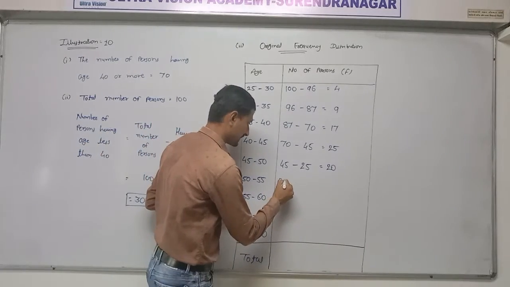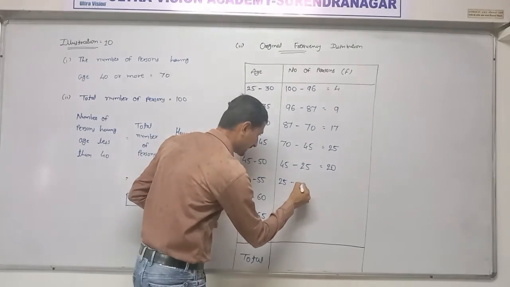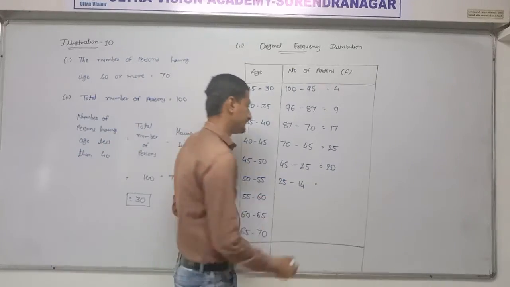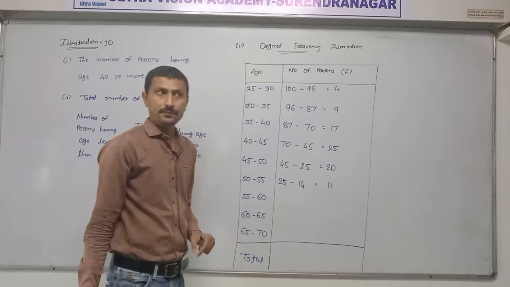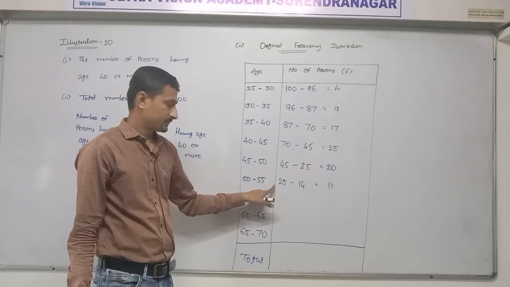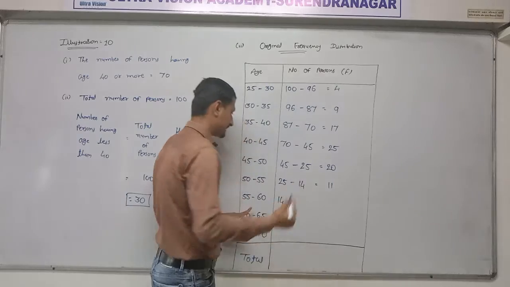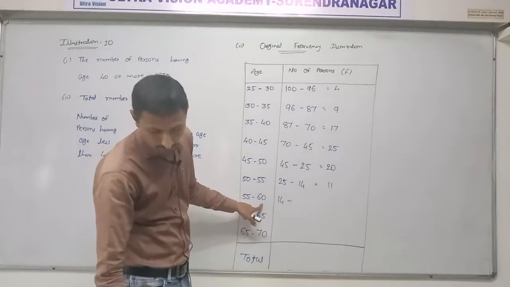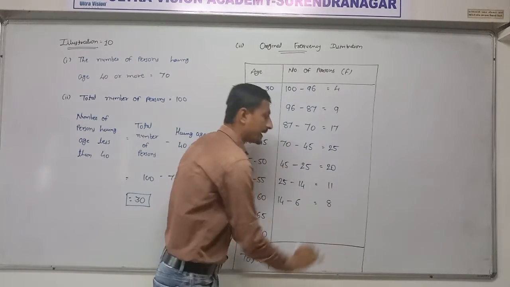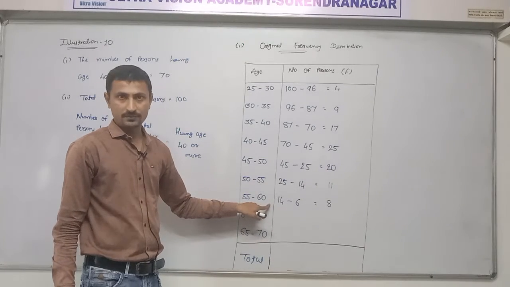Next, 25 minus 55 or more age, number of persons is 14. So 25 minus 14, 11 persons having age between 50 to 55. More than 55, the number of persons is 14 minus 60 or more age, number of persons is given as 6. So the difference, 8 persons having age between 55 to 60 years.